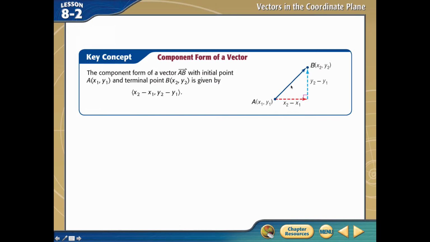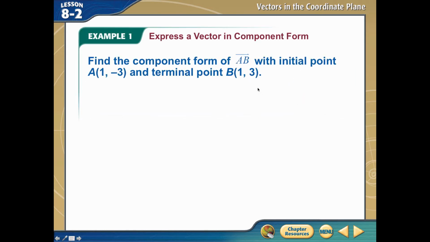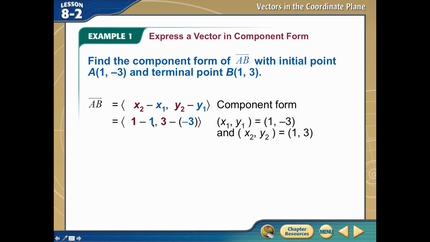So it's always terminal minus initial. So as you go here, it's going to be 1 minus 1 and 3 minus negative 3. Always works that way. 1 minus 1 is 0. 3 minus negative 3 is 6.